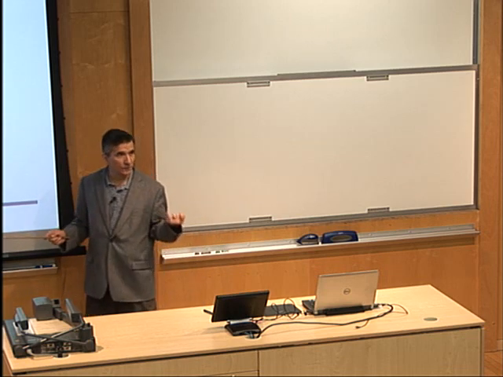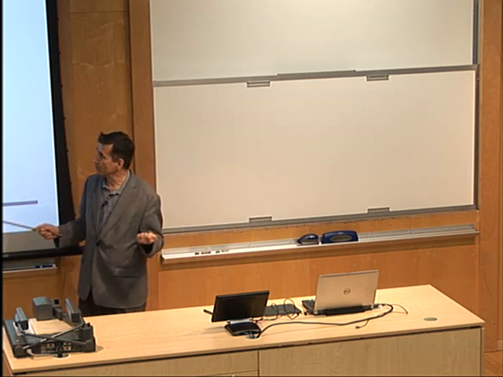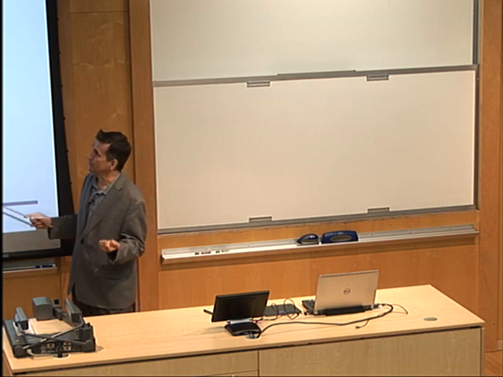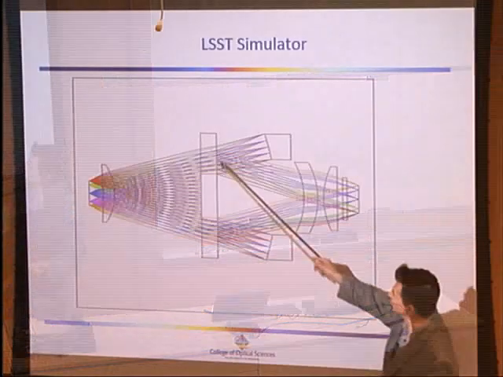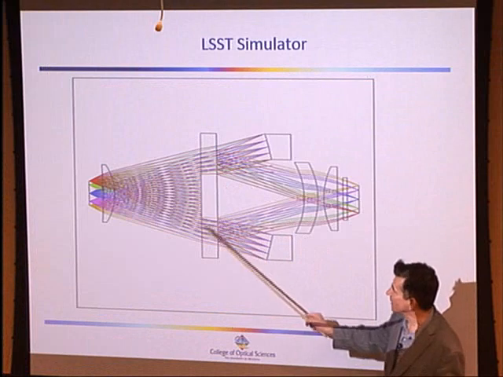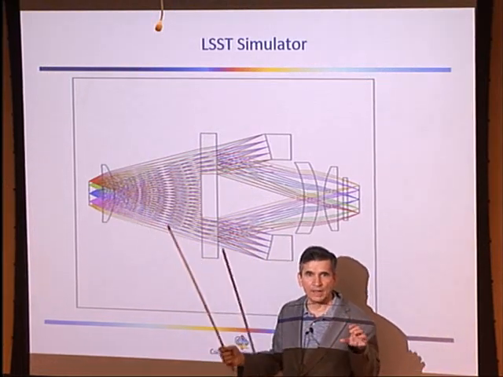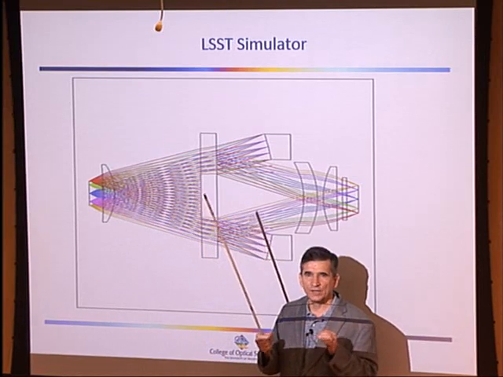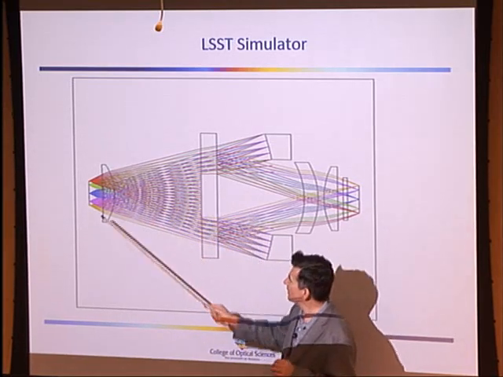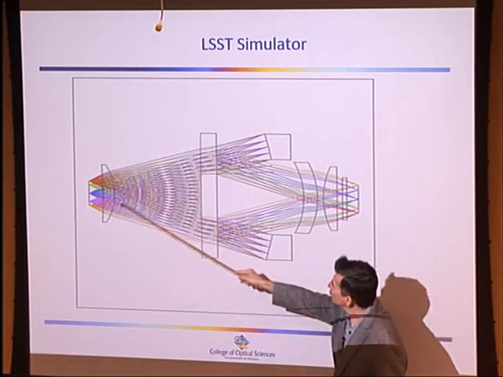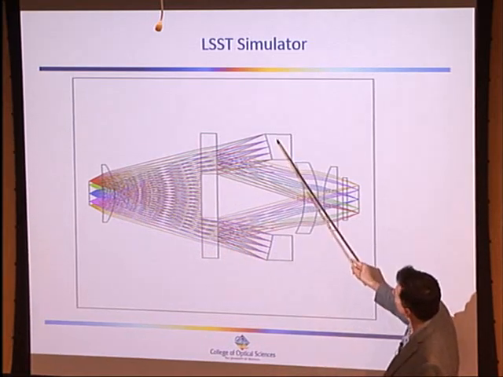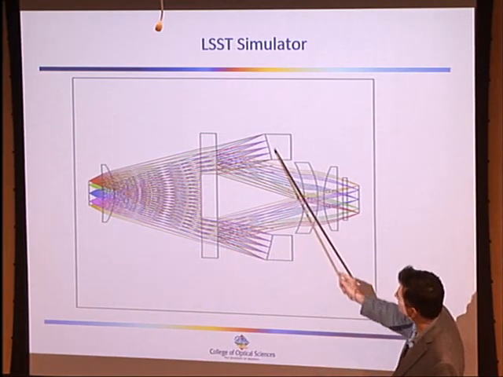And the main concept to being able to do the design is that we have this beam splitter here. Light from the object, in this case a plate with lots of pinholes simulating the stars, will come through the beam splitter and then to this spherical mirror.